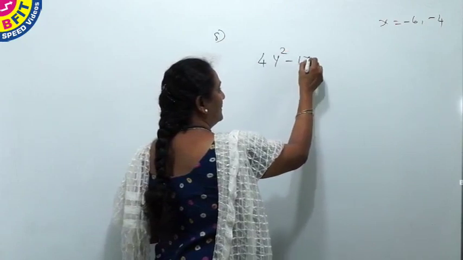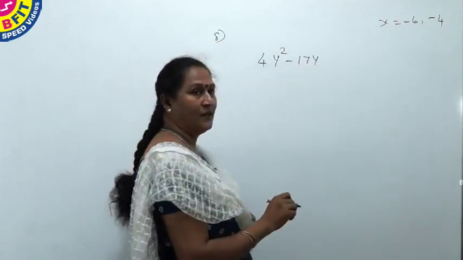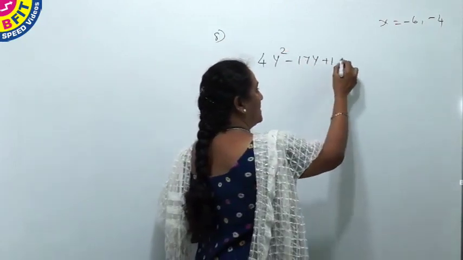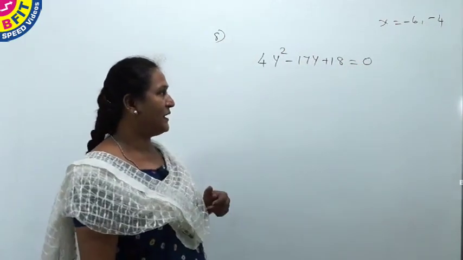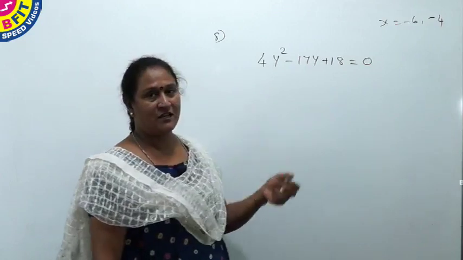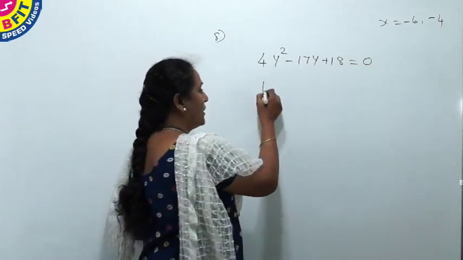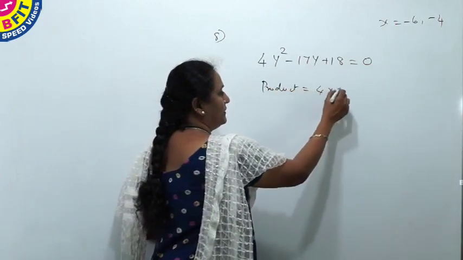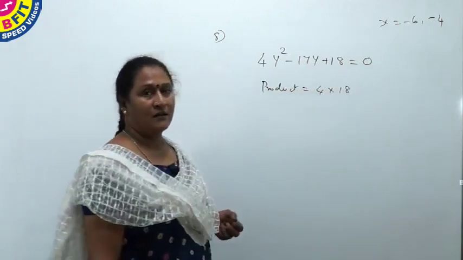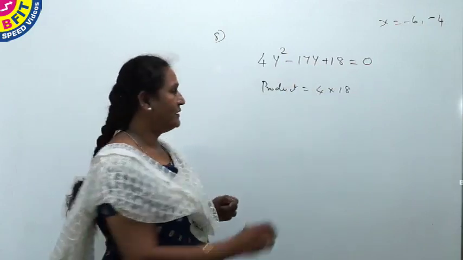4y square minus 17y plus 18 equal to 0. So having these steps in our mind, the first step is choose the numbers such that product should be 4 into 18. And as you have plus here, write sum.